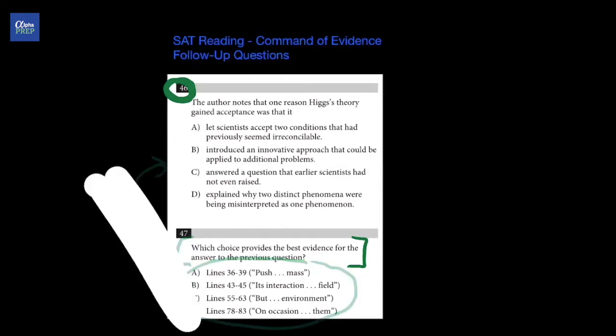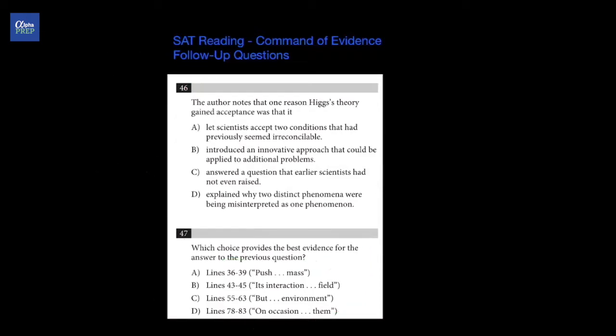So let's do this. Let's get started. So to recap the follow-up question strategy, what we always do is read the first question, pick out some main idea from that question, and then pick the answer choice that mentions that main idea.